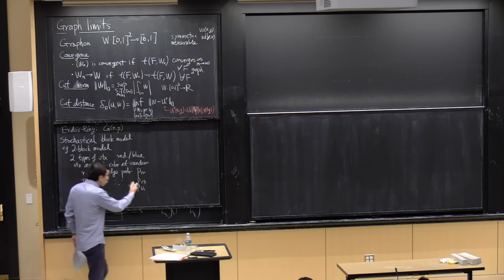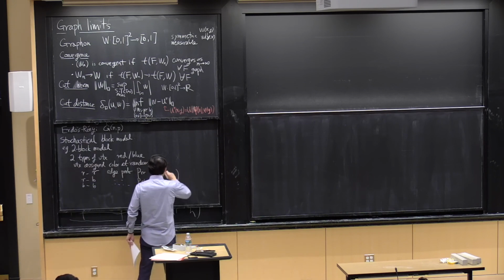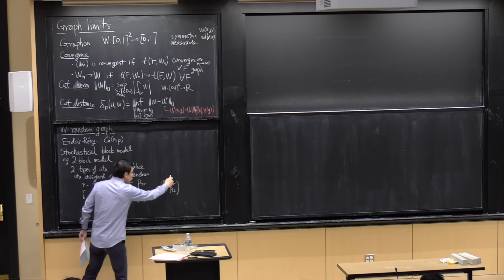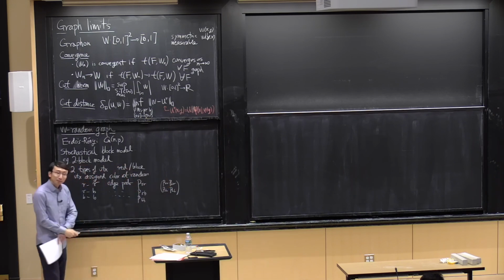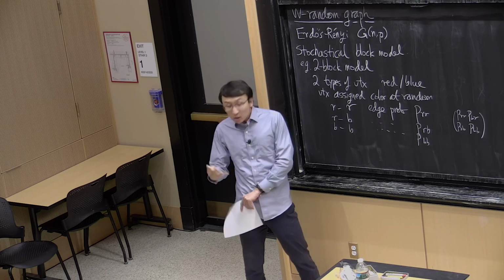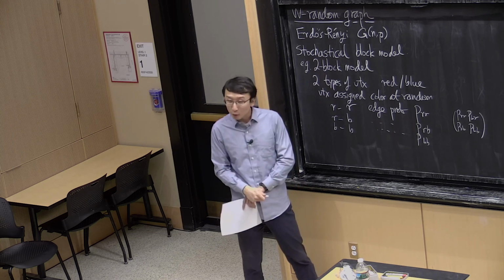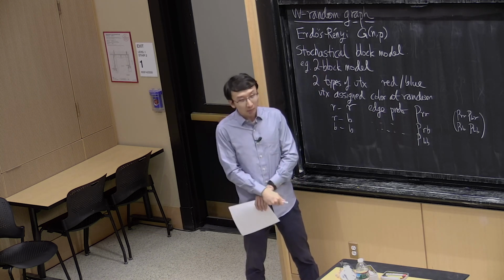So in other words, I can encode this probability information in a matrix. Like that, where the diagonal, so it's symmetric across the diagonal. Okay, so this is a slightly more general version of an Erdős-Rényi random graph, where now I have potentially different types of vertices.